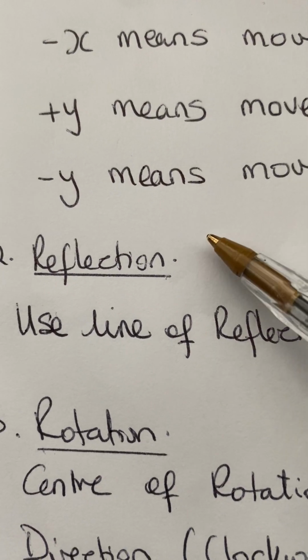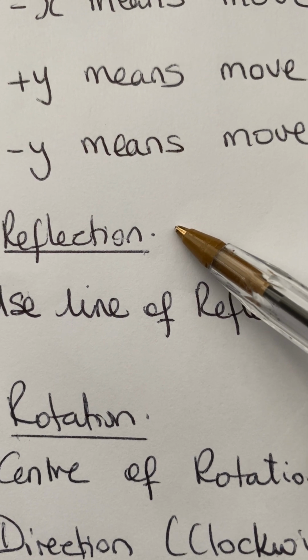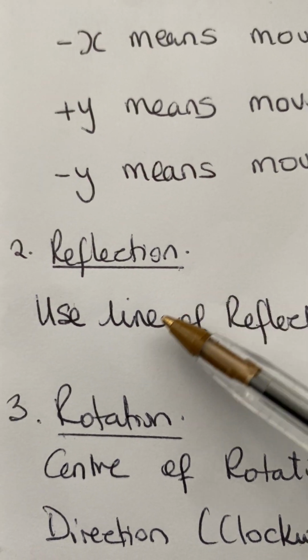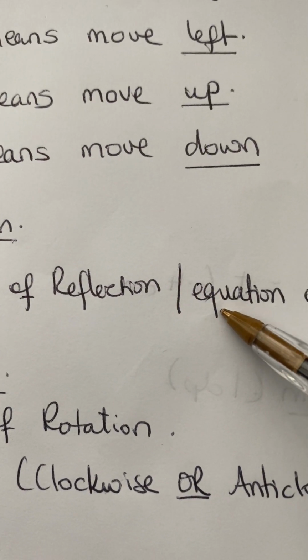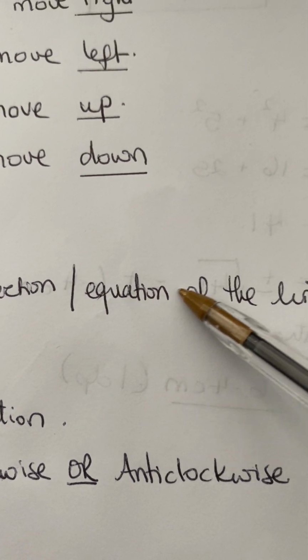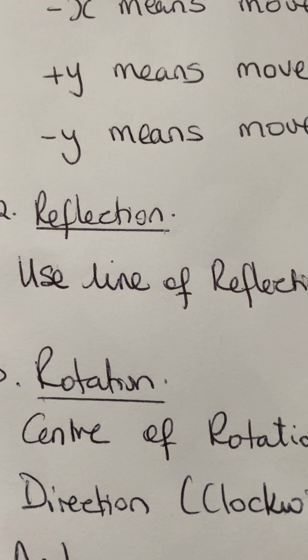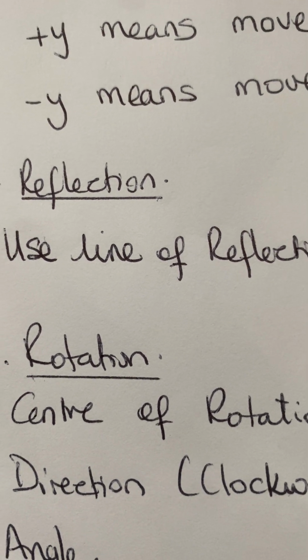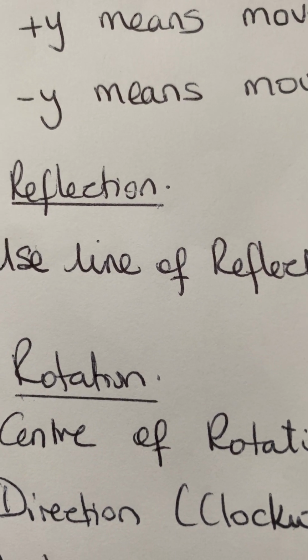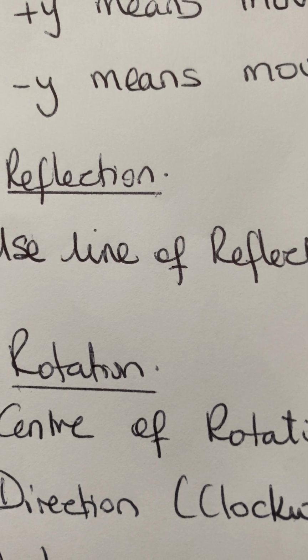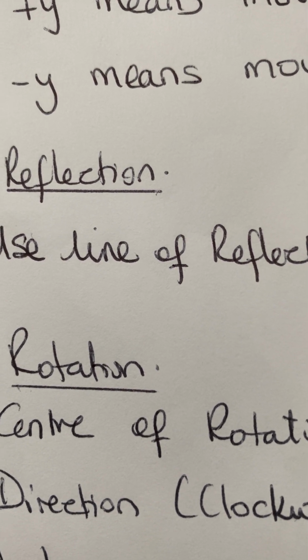Okay, now reflection. We use the line of reflection or equation of the line of reflection. So for instance, the way you can see yourself in the mirror, okay, we use that.